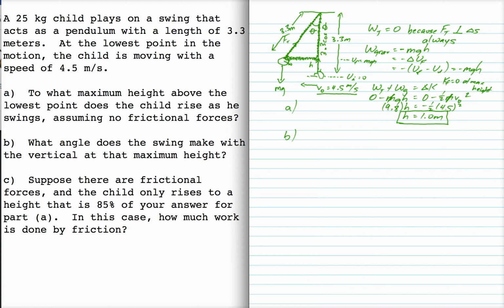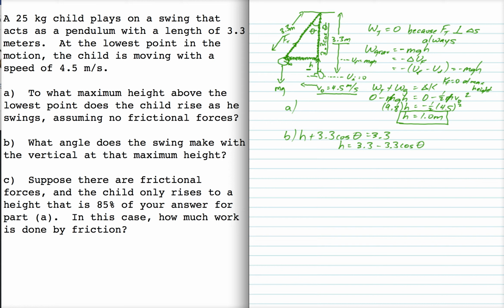And so that means that h plus 3.3 cosine theta has to add up to 3.3. So h is equal to the length of the pendulum minus the length times cosine theta.